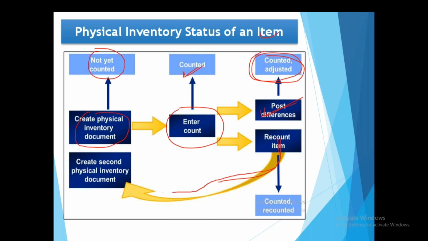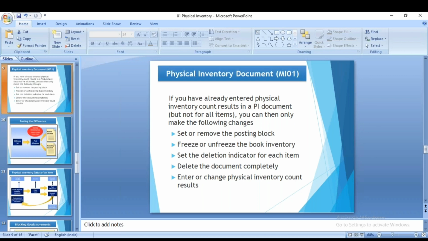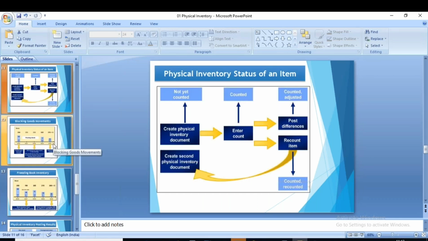When you do the recount, the status will become counted and recounted. That is called recounting. When you do the recounting, the system will create another physical inventory document. So this is how the status will get updated when you are carrying out the physical inventory process.